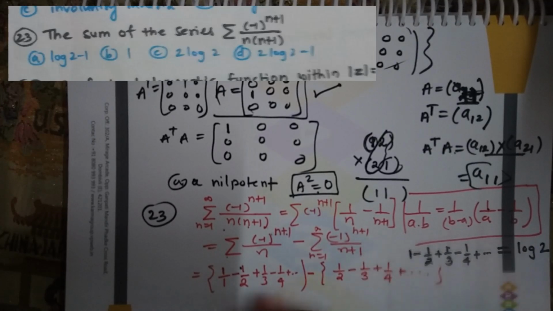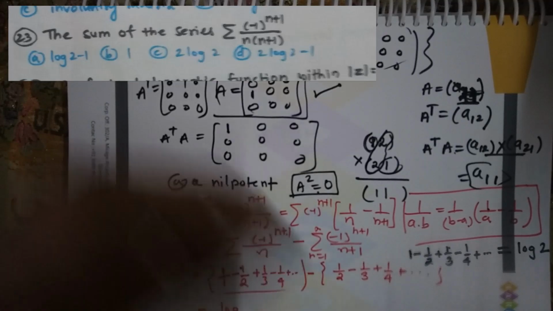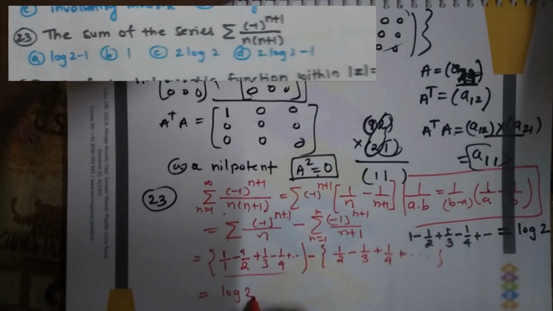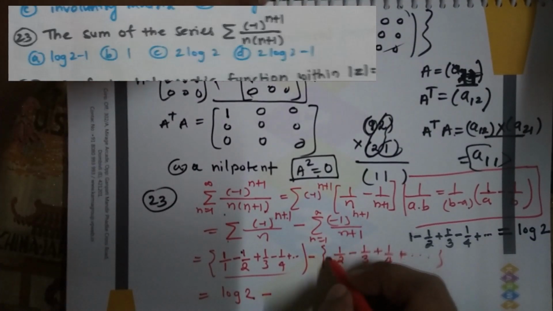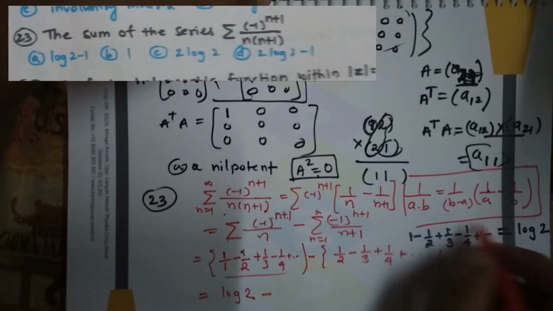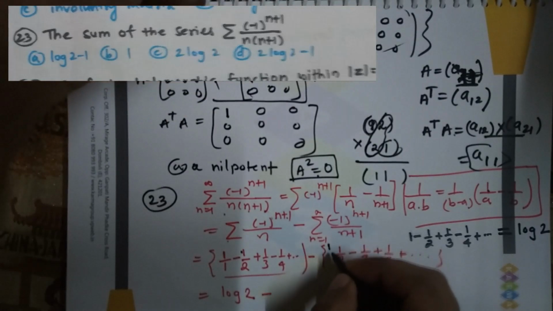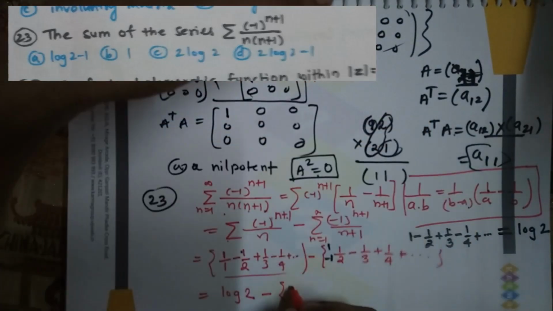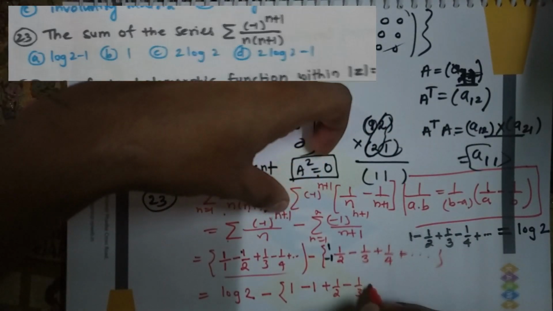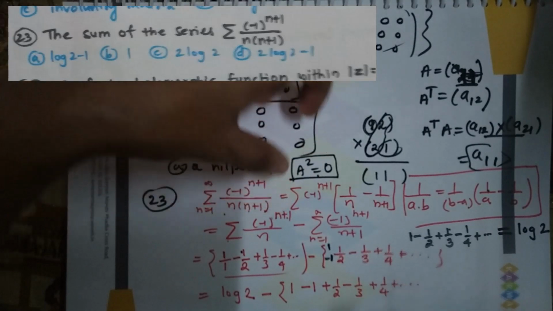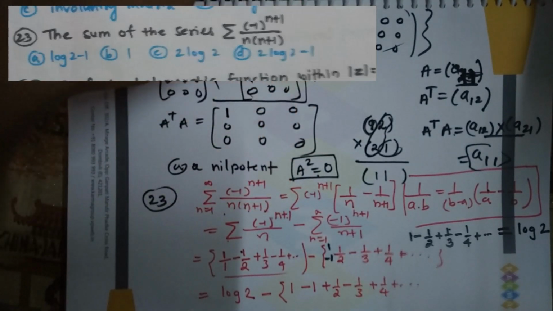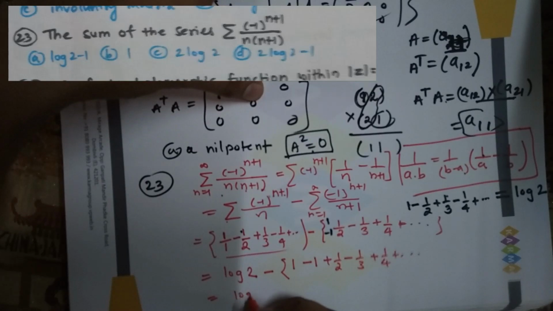Now see, we all know the sum of this series is nothing but log 2. We want a 1 here to convert this into the actual series. We just adjust plus and minus 1 here, so I'm adjusting plus 1 and minus 1. Look carefully: this is 1 minus 1 plus 1 by 2 minus 1 by 3 plus 1 by 4 and so on. This is nothing but log 2 minus.